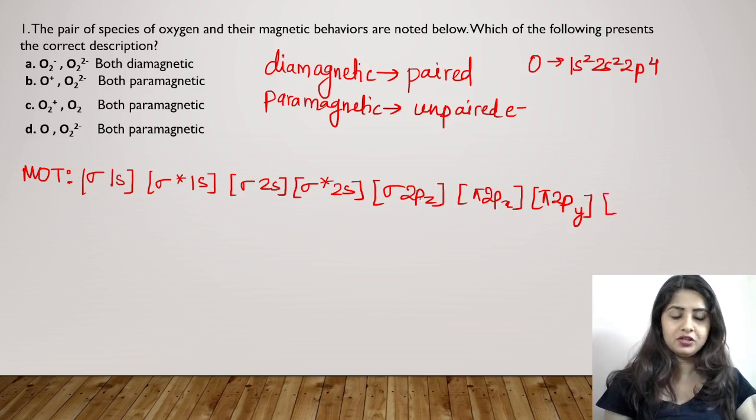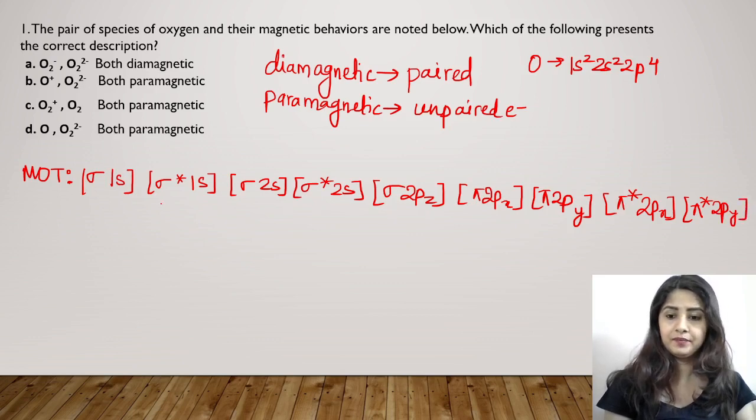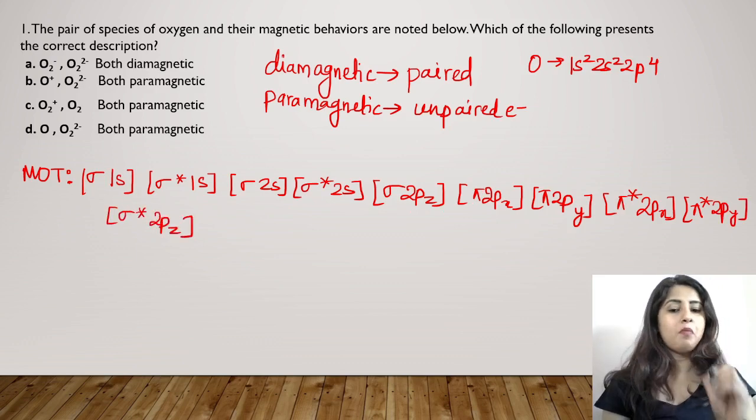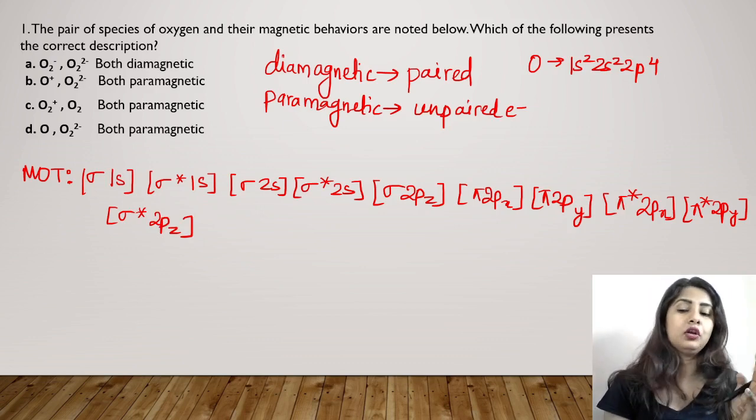So if you have studied MOT, it will be clear to you. So here first comes pi star 2px, then comes pi star 2py, and at the last it comes as sigma star 2pz. Each orbital has the capacity to hold 2 electrons over here in the long form.